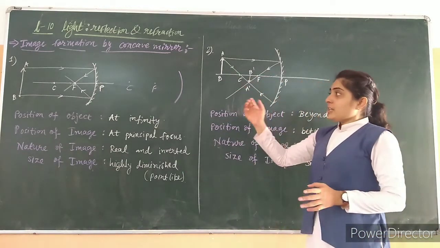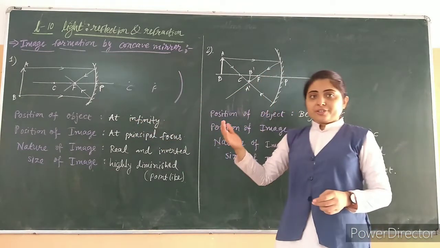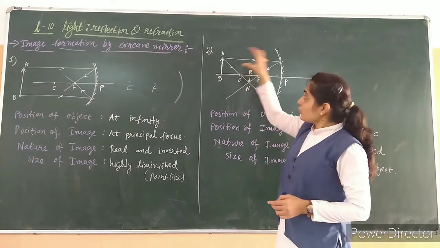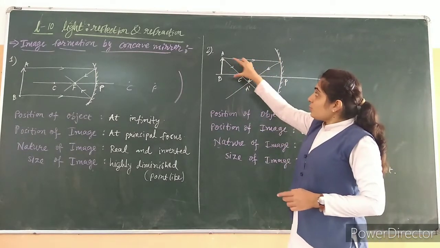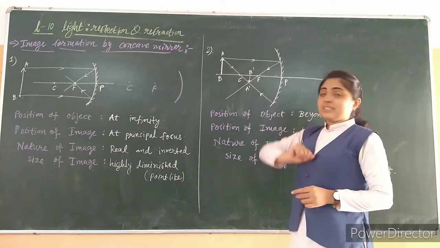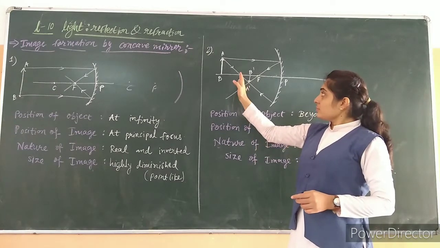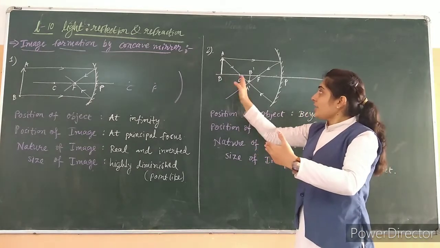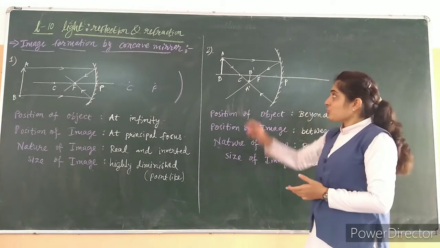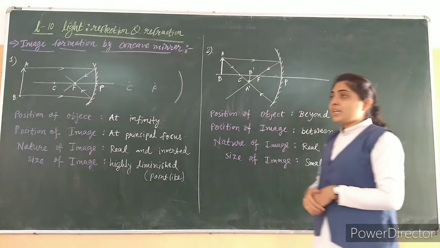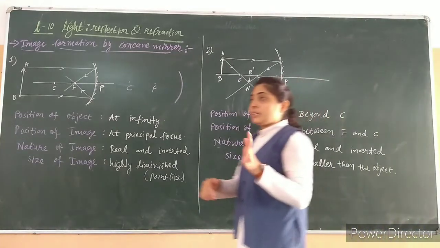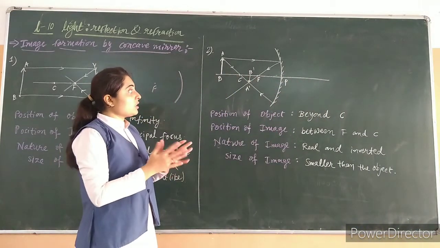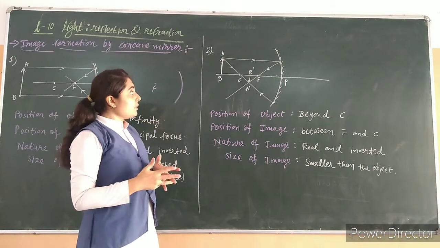Next, second case: we take the object somewhat nearer. The object is placed beyond C, at a somewhat farther distance than the center of curvature. If AB is our object, we need to locate its image.